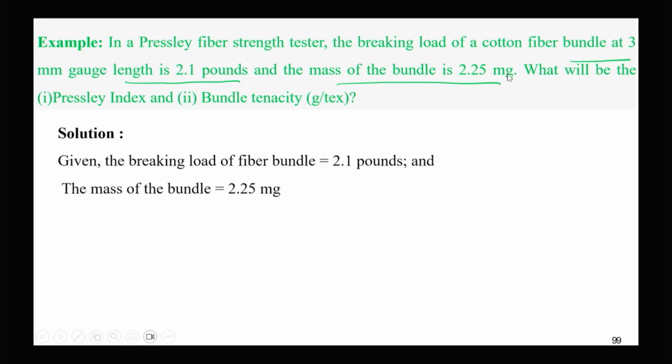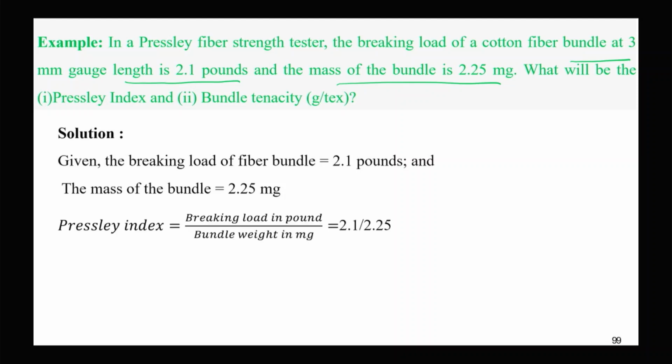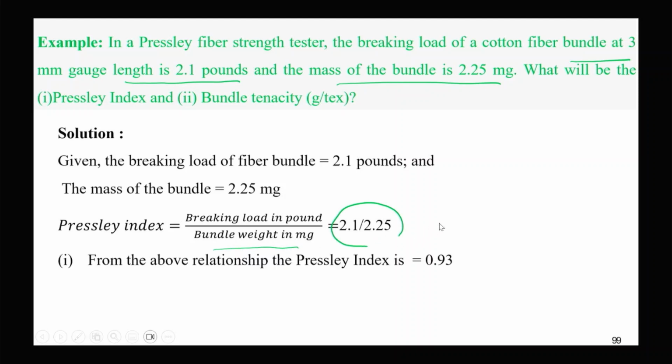Breaking load is given, mass of the fiber bundle is given, 2.25, and Pressley index is breaking load in pound by bundle weight in milligram. So 2.1 by 2.25, it will become 0.91, and what we have to calculate is the bundle tenacity in gram per tex.